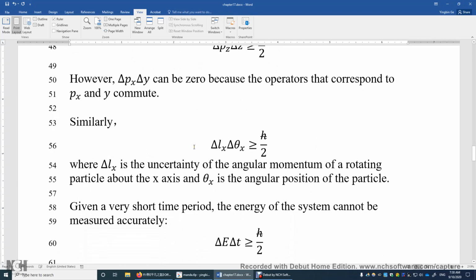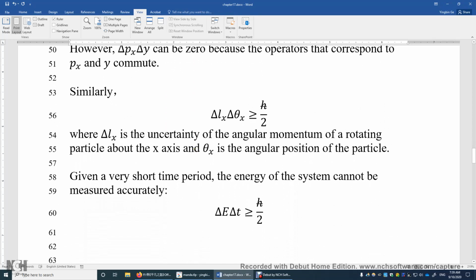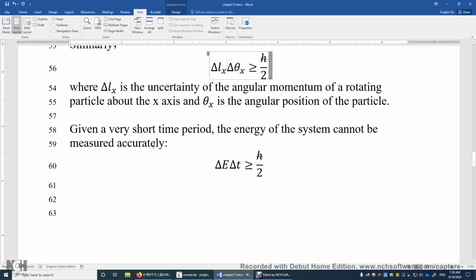Now let's look at some other forms of this uncertainty principle. If you are observing the rotation of the particle, the uncertainty of the angular momentum times the uncertainty of its position. In this case, we use the angle to specify the position of the rotating particle. So again, the product of these two uncertainty values is going to be greater than or equal to 1/2 h bar.